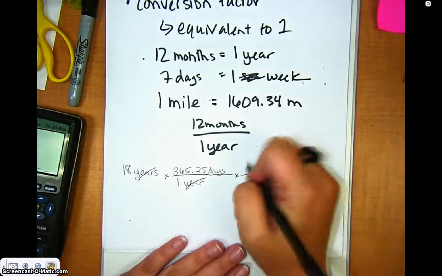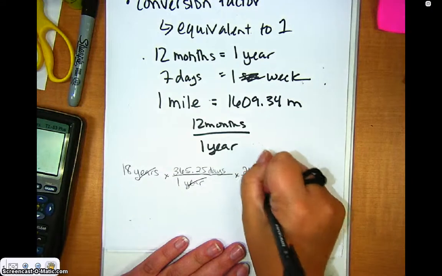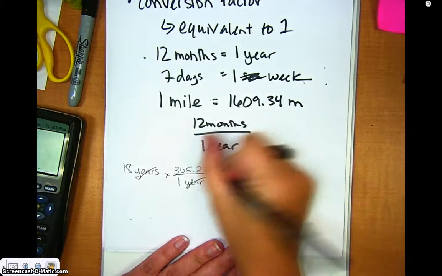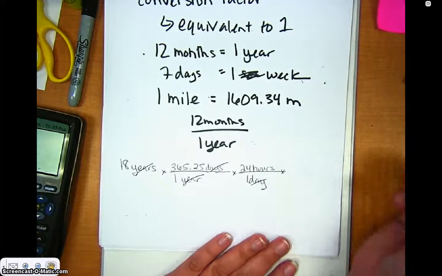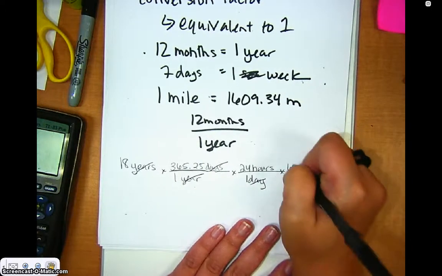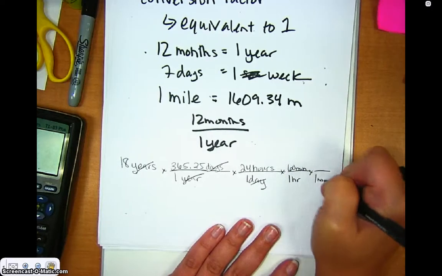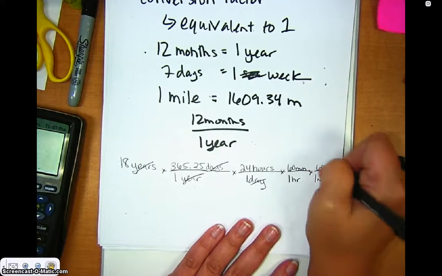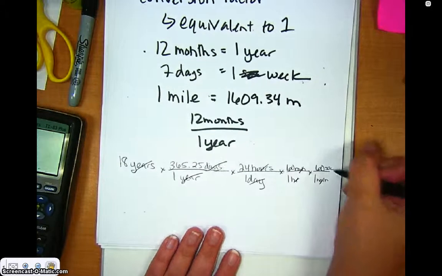So there are 24 hours in 1 day. So this will cancel. And then we can go from hours to minutes, and then minutes to seconds. So 1 hour is 60 minutes, and 1 minute then is 60 seconds. So hours cancel, minutes cancel, and I'll be left with seconds.